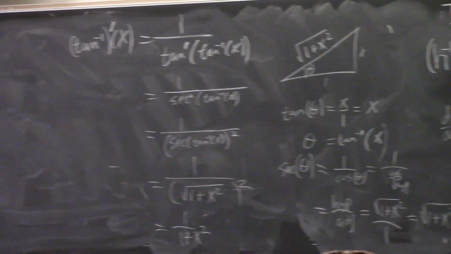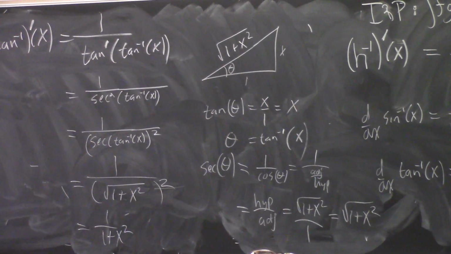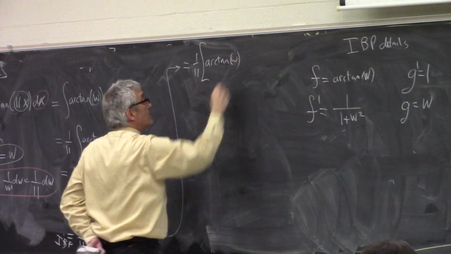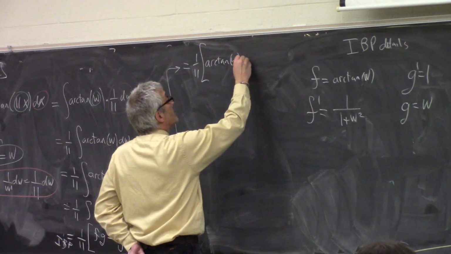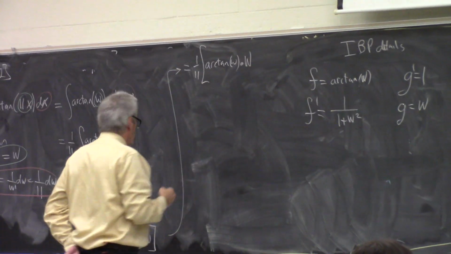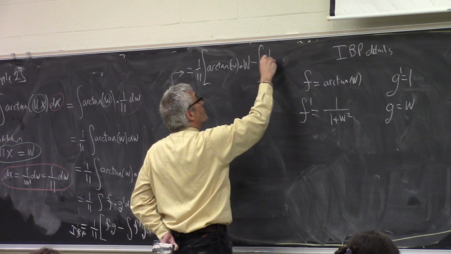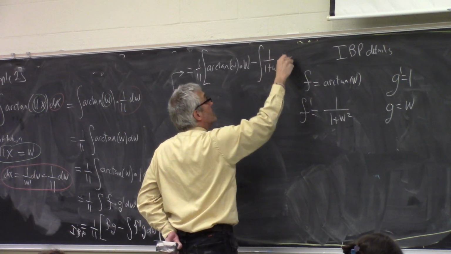So I use those details, and I get 1 over 11 times f, arctan w, times g, which is w, minus the integral of 1 over 1 plus w squared times w.